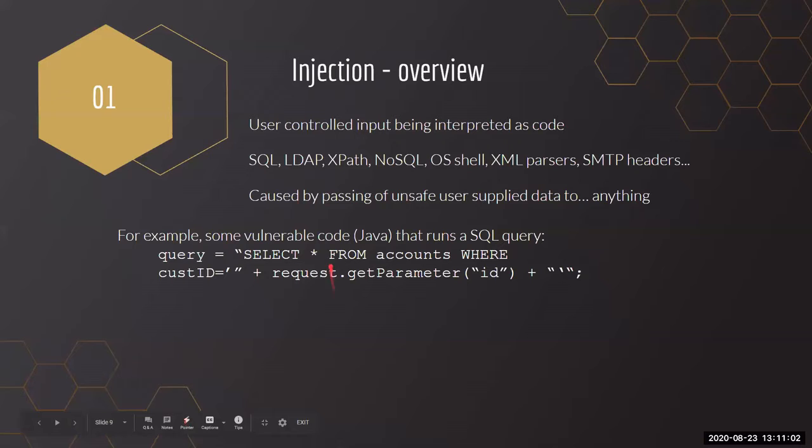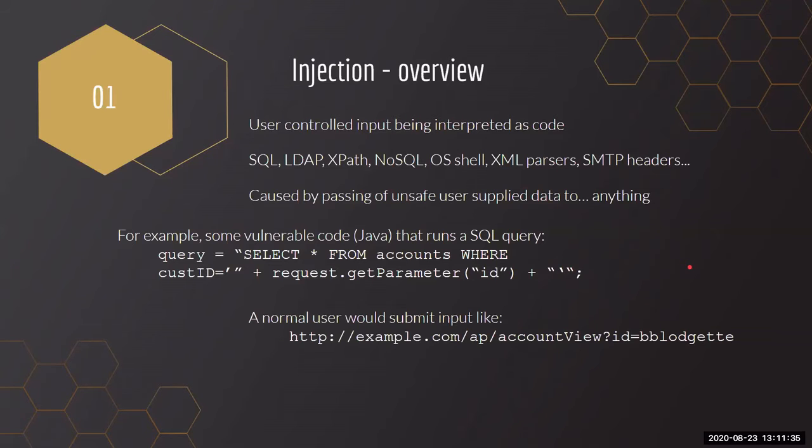It's saying select star, which is just a wildcard for all of the columns in a table, from the accounts table, where cust ID equals request.getParameter ID. This is just a method that gets input from the user. All it's doing is concatenating this user input into a SQL query, which is really bad. And it's doing it without any checking. It just throws it in there, no questions asked.